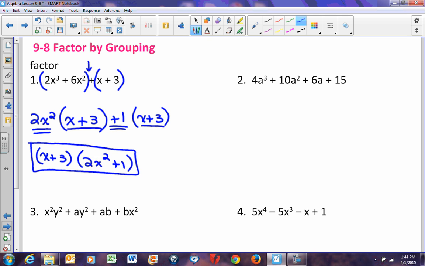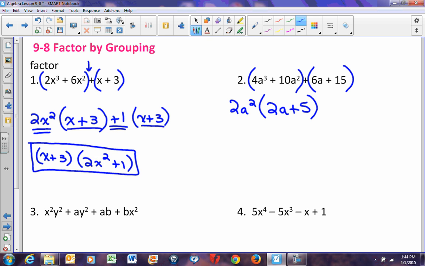Okay, if we look at 4a to the third plus 10a squared plus 6a plus 15, I see no common factor, so that's the first thing my brain wants to look for. Is there a greatest common factor in this four-termed polynomial? No, there is not. So I will group first two, last two. I can take out a 2a squared, and I'm left with 2a plus 5.